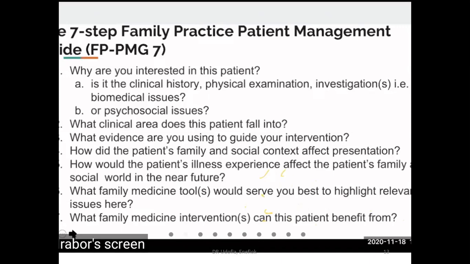So this slide is very, very important, so that by the time you start writing your casebook, you must use this slide as a guide to answer some of these questions, because you are not micromanaging any case. Your case should have a family medicine perspective.